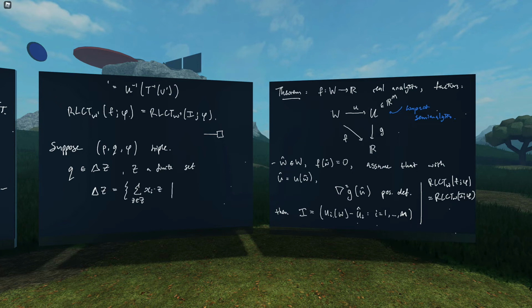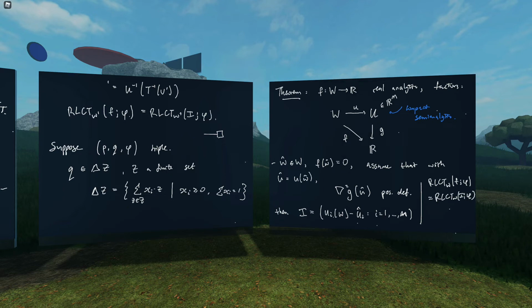And so that's just a formal sum where each xi is non-negative and the sum of the xi equals 1. And so, yes, that's all I just mean by that, it's just a probability distribution over some finite set.